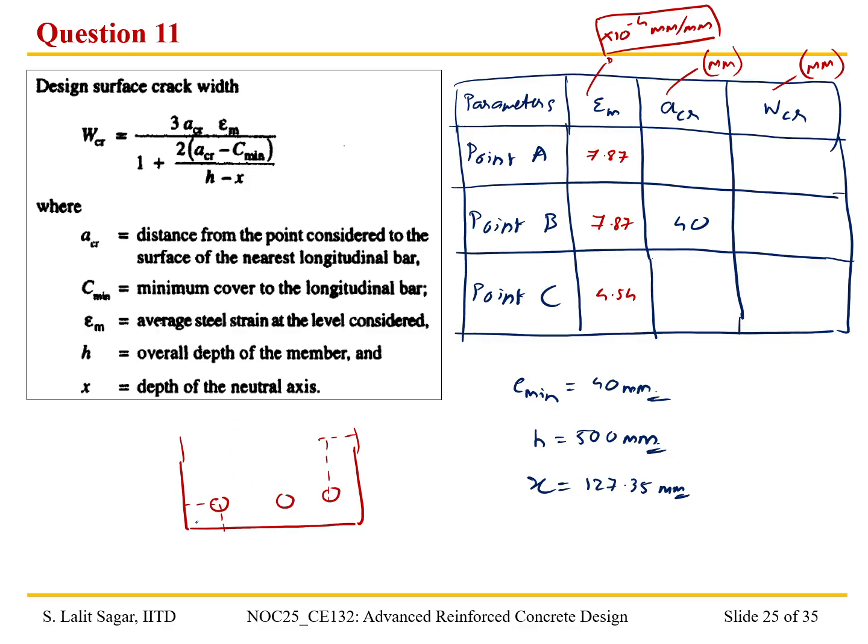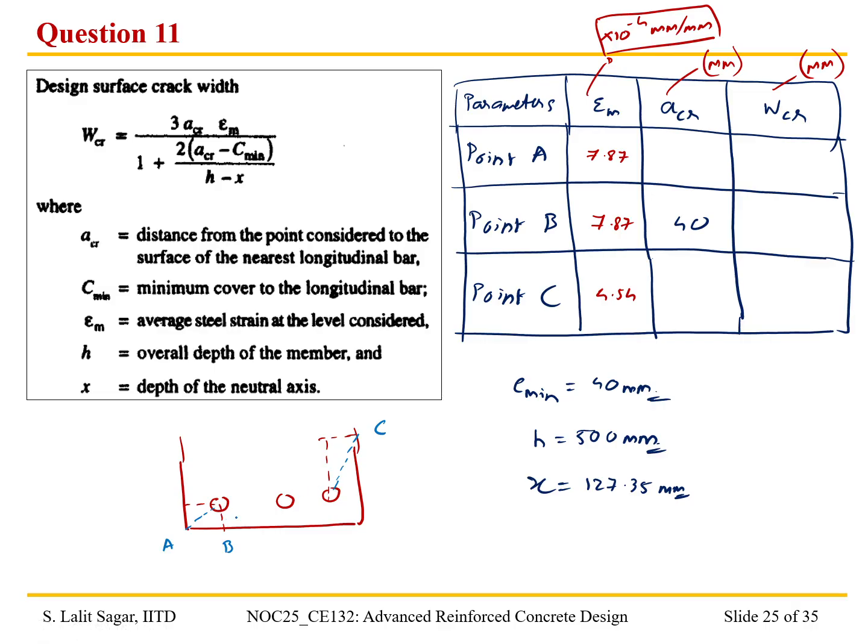This will be the value of A until the surface of the longitudinal rebar, B, and here point C. From the Pythagoras theorem, we can find the distance between the point considered and the surface of the nearest longitudinal bar.